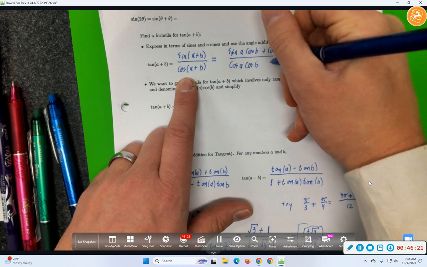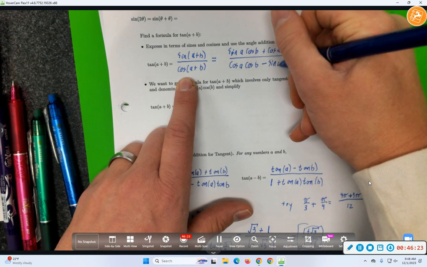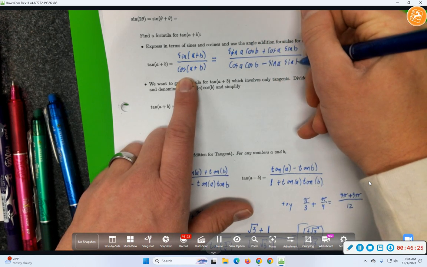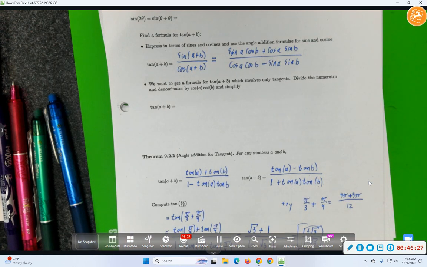Cosine a cosine b minus sine a sine b. All right. Cool. So ostensibly, there is a version of angle addition for tangent. But it's not a very satisfying angle addition formula for tangent because it says to compute tangent, you need to compute sine and cosine. It's more beautiful to know the formula that just needs tangent.